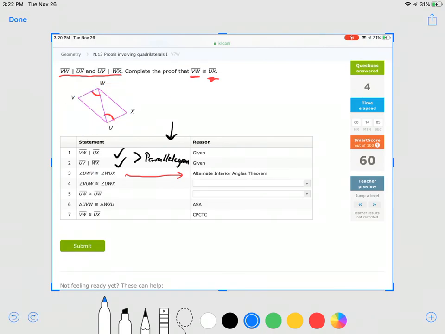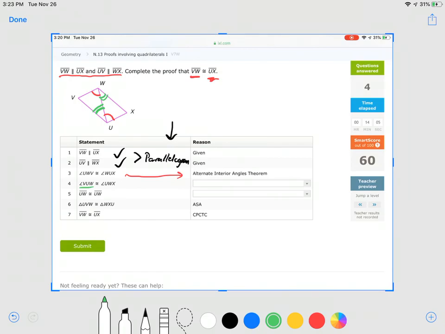Okay, let's erase that. Line 4 says VUW is congruent to UWX. It's like half the battle is just identifying these angles. So VUW is this, and UWX is this one. They're saying that those two are congruent.